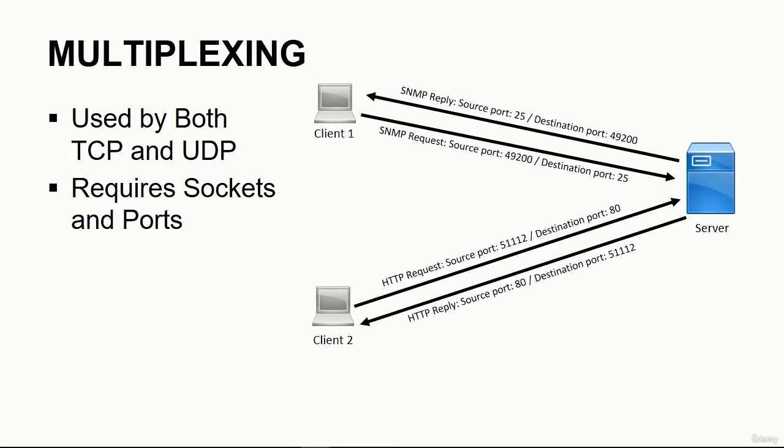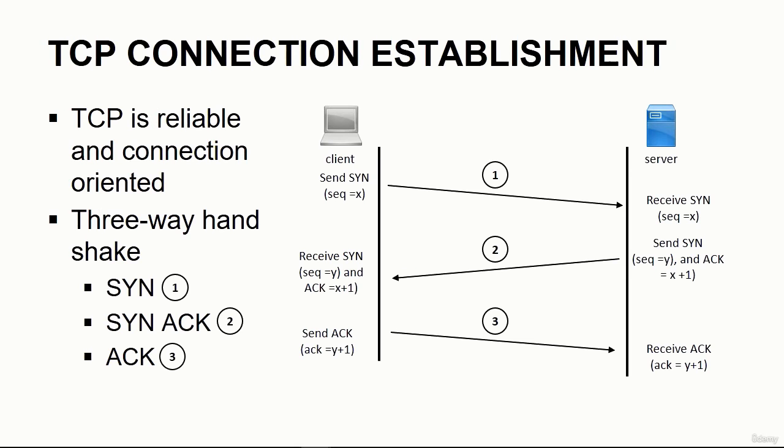Notice that the client starts the communication process and the server uses the client's source port as the destination port for the returned reply traffic. And then note that the clients are using the well-known port for the protocols being used, SNMP and HTTP in this case.